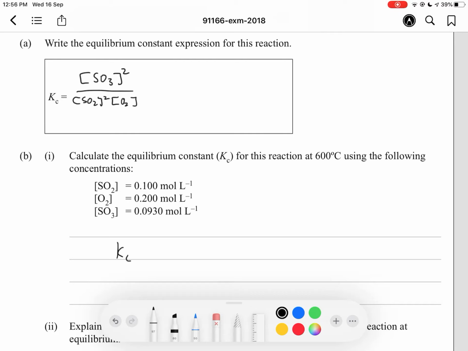So therefore, our Kc equals the concentration of SO3 squared, 0.0930 squared, divided by concentration of SO2 squared, which is 0.100 squared, multiplied by concentration of O2, which is 0.200. And all we need to do is just plug these numbers into our calculator.